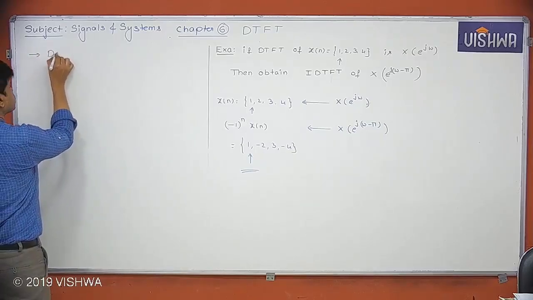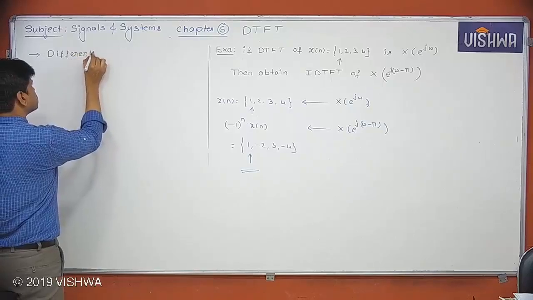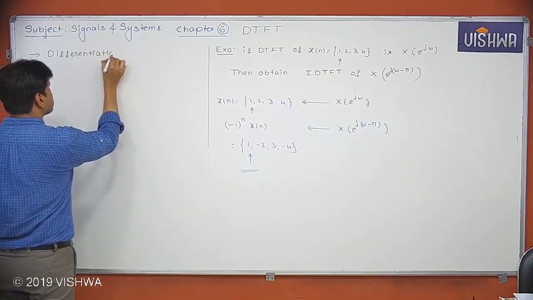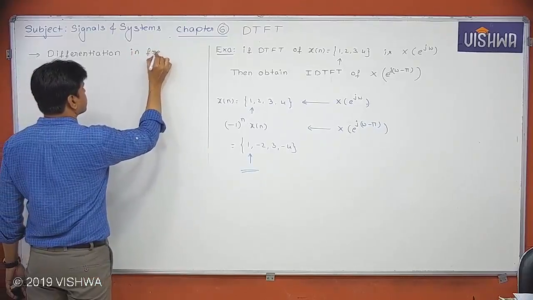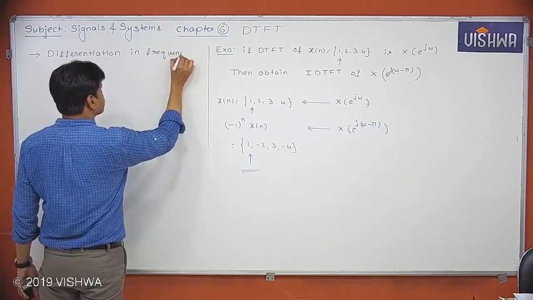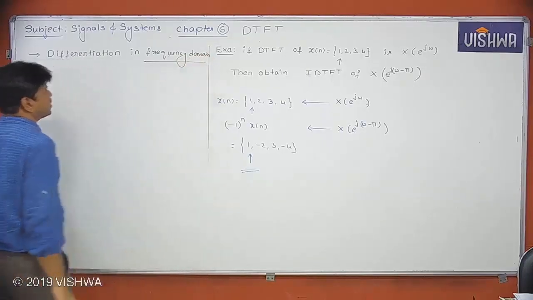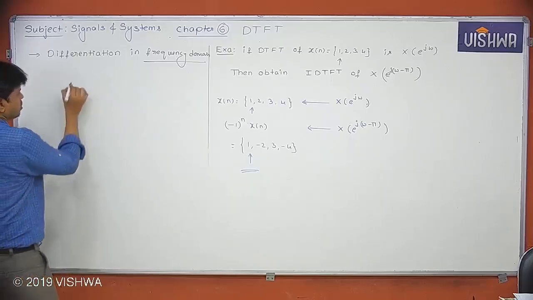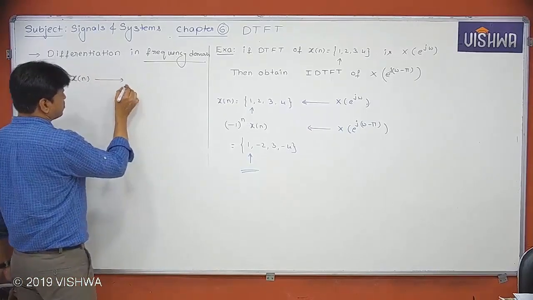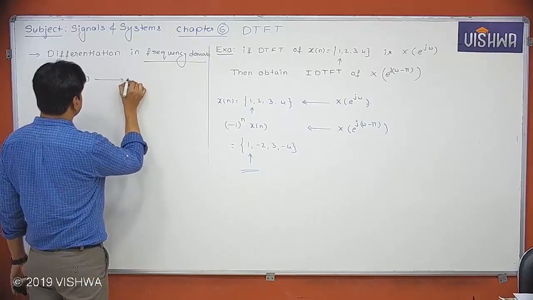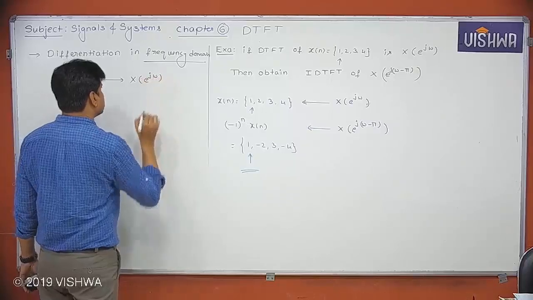Next property, differentiation in the frequency domain. Suppose I take x of n with DTFT x of e power j omega.